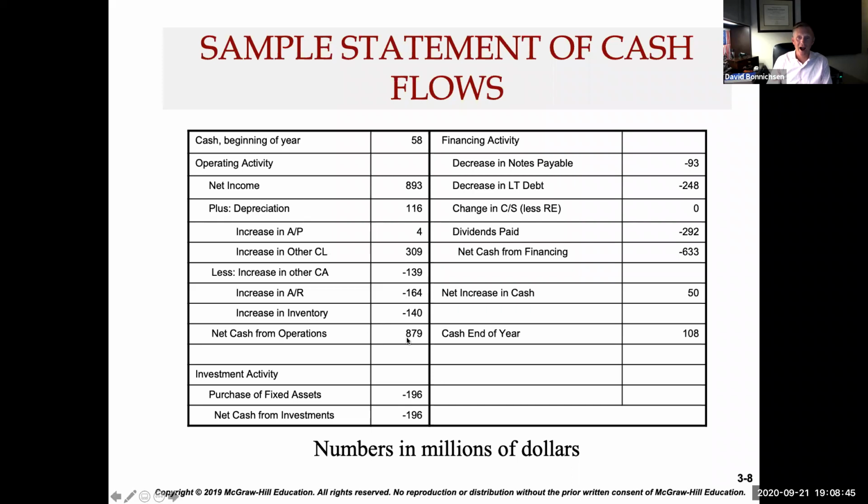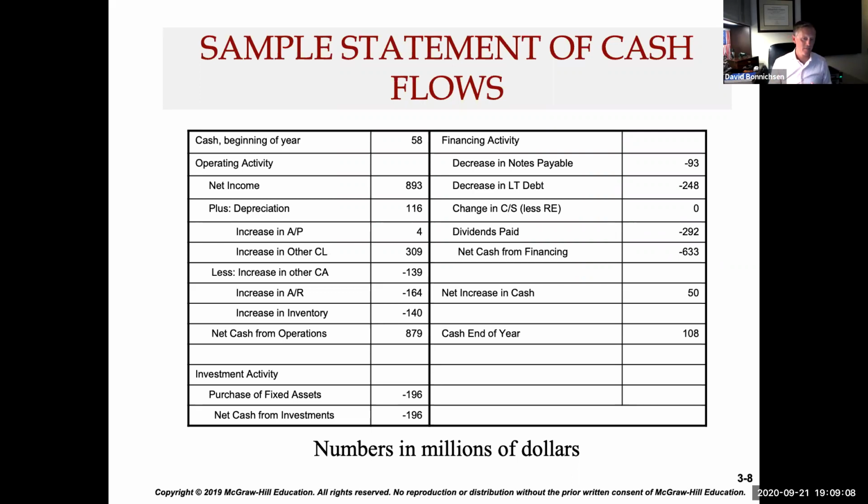So therefore, our net cash from operations is the sum of everything. And so the net cash flow from our operating activities was $879 million. So that takes care of the things that we did during the course of 2018 as it relates to simply running our business.